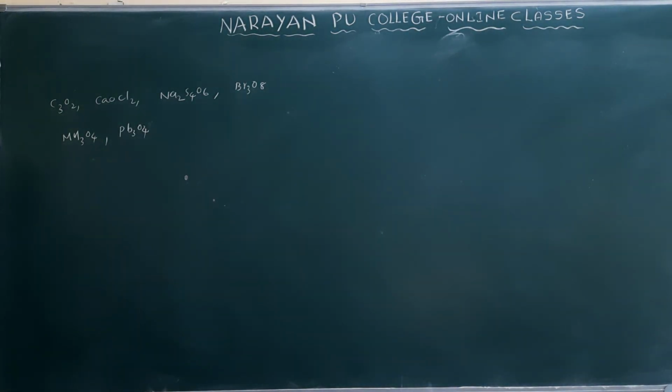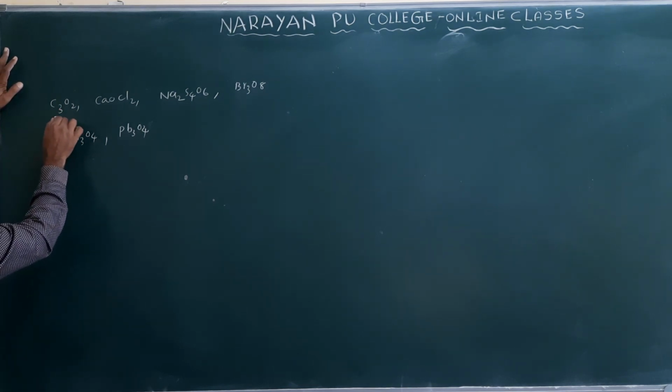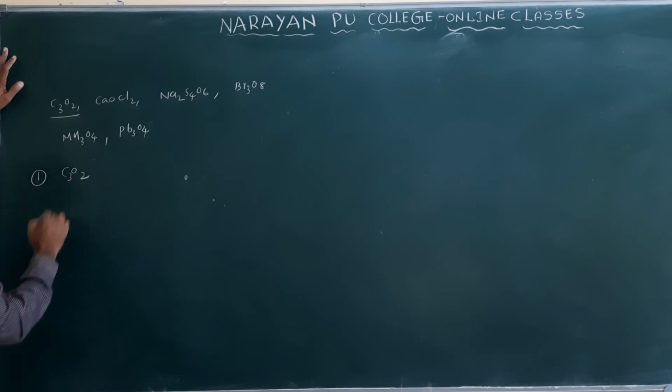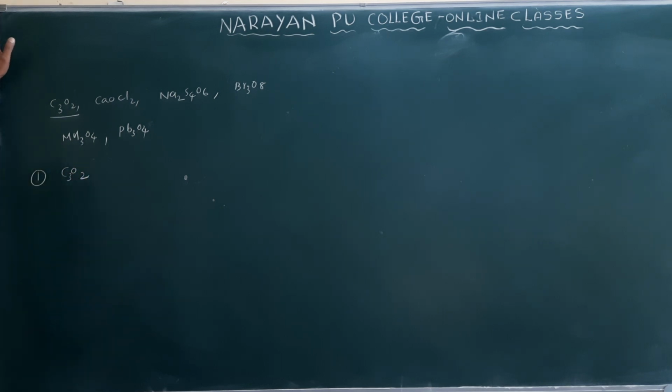See the next one we have. Next exceptional cases we have. Some examples are given. Here also you have to find the oxidation states of the central element. I am taking the first example, C3O2. C3O2 is called carbon suboxide.